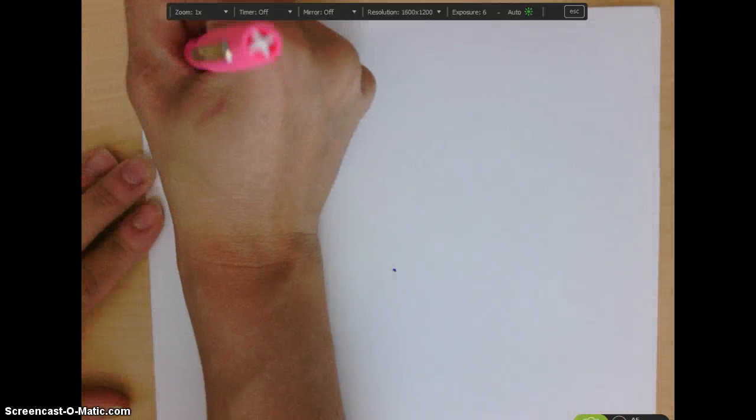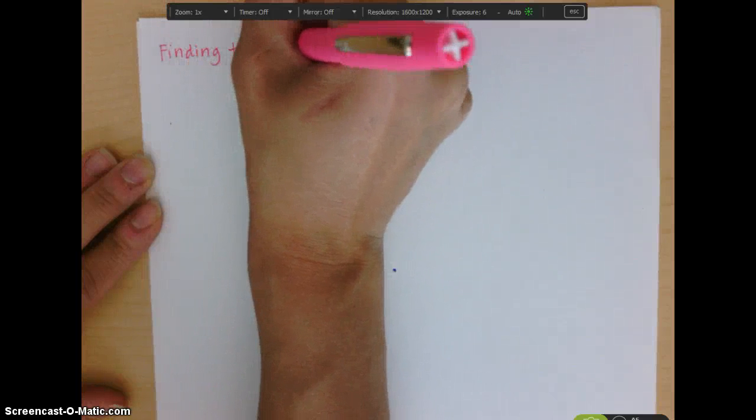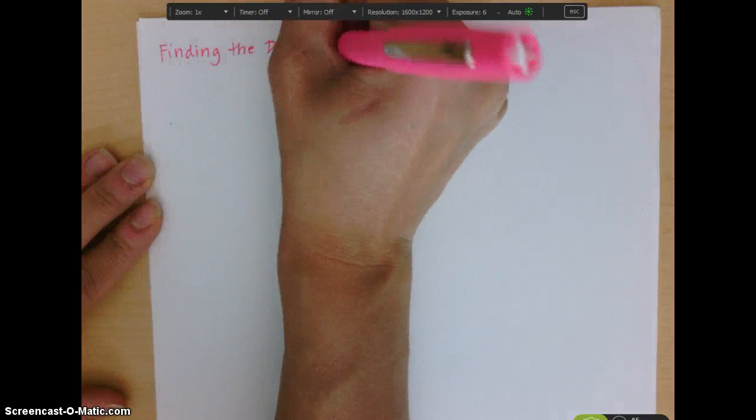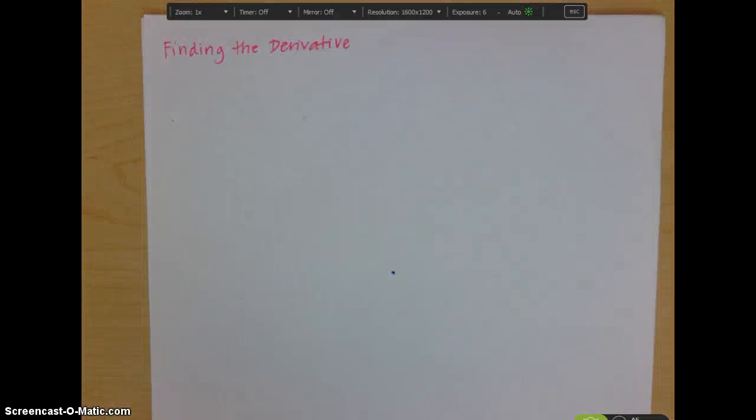All right, so the discussion next is about finding the derivative. So the actual formula for finding the derivative of a function at a point. Up until now, what we've done is we've calculated a bunch of slopes of secant lines, or a bunch of average rates of change.